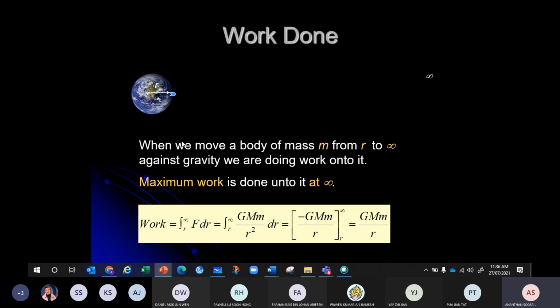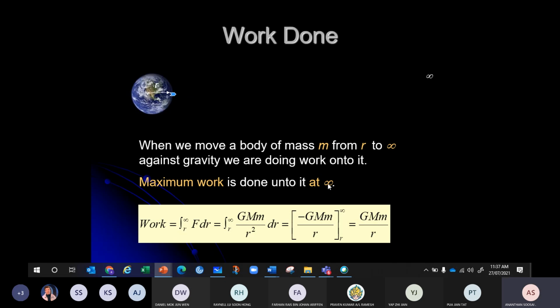You see, when we move a body of mass m from R, from the surface, to infinity, what is the work done? What is the work you need to do to bring a mass m from the surface to infinity?